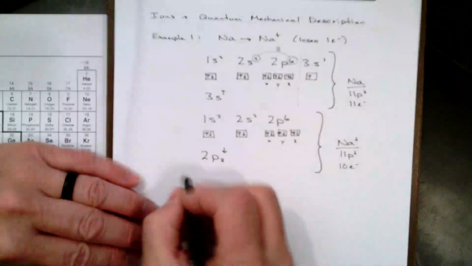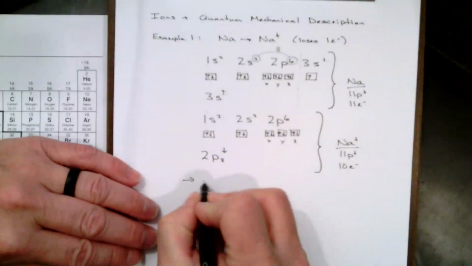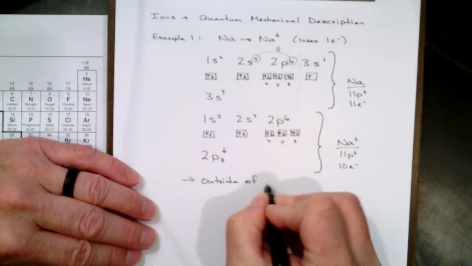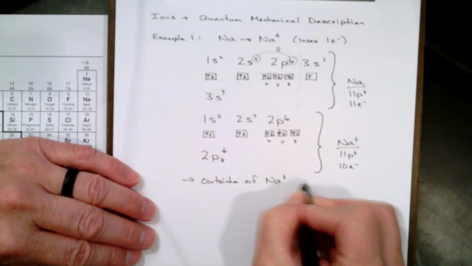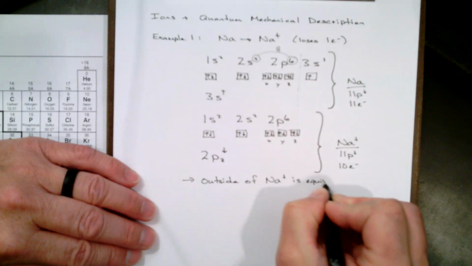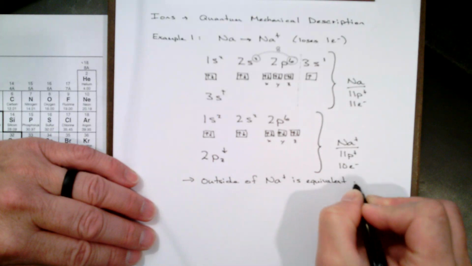The 2p6 looks like Ne. So the outside of Na+ is equivalent to Ne.